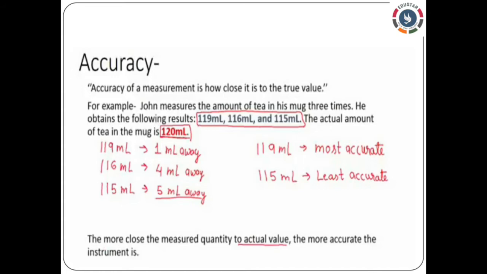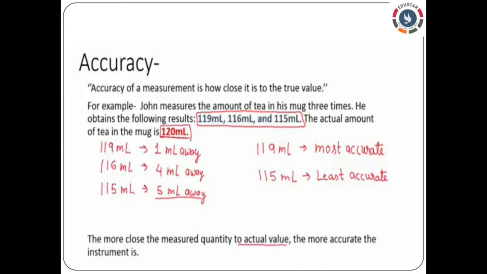For example, John measures the amount of tea in his mug 3 times. He obtains the values 119 ml, 116 ml and 115 ml. The actual amount of tea is 120 ml. So the measured values of the 3 times are 119, 116 and 115. Compare these.